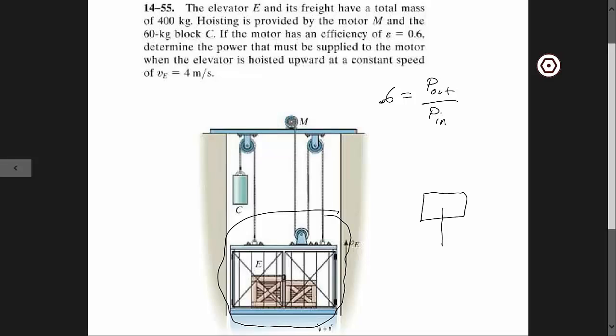I've got a weight down, mg. Let's see, I have 1, 2, 3 tensions. I'm going to call it T. There's 3 of them there. And then over here on the C, I've got another, I'm going to call it TC.